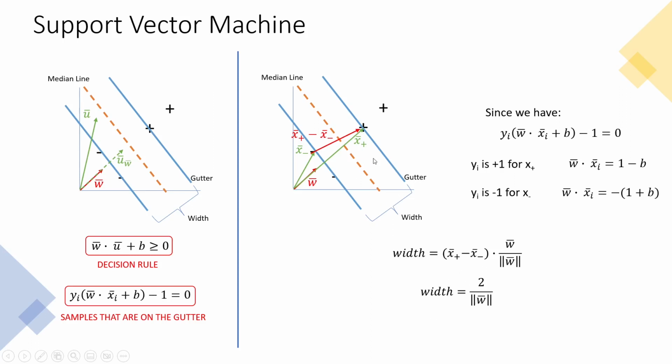So the width of gutter is basically this one, and what we would like to do is maximize this thing, okay. Remember the definition of support vector machines, we would like to have the maximal width as possible. So we need to somehow maximize this equation.